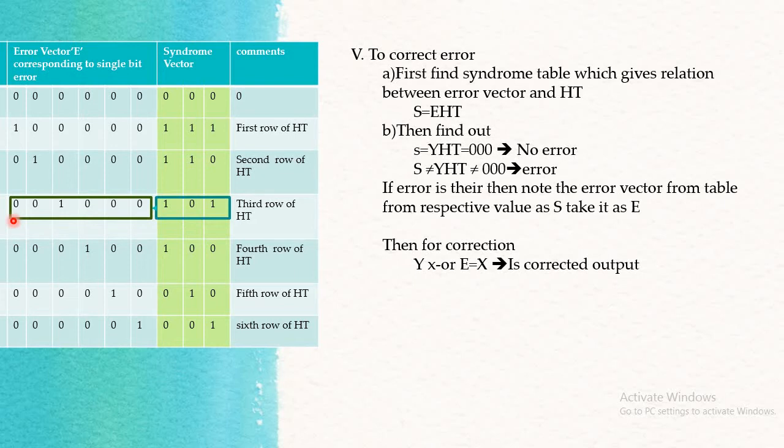So for recovering, for correction, we take the XOR of the received code word with the error vector value, this value we obtain from the syndrome table, and it will give you the recovered signal, and this is your corrected output. So in this way we are going for correction of an error in case of an LBC code.